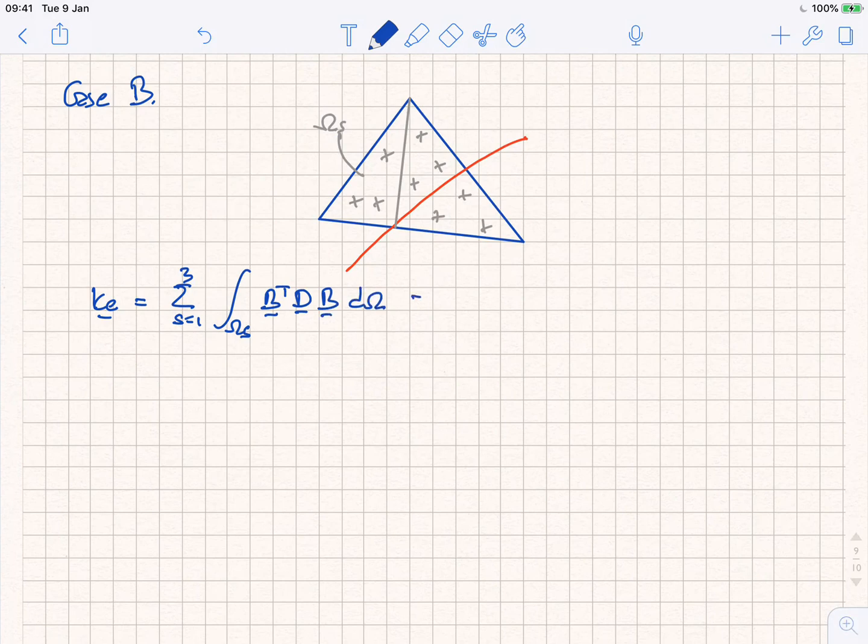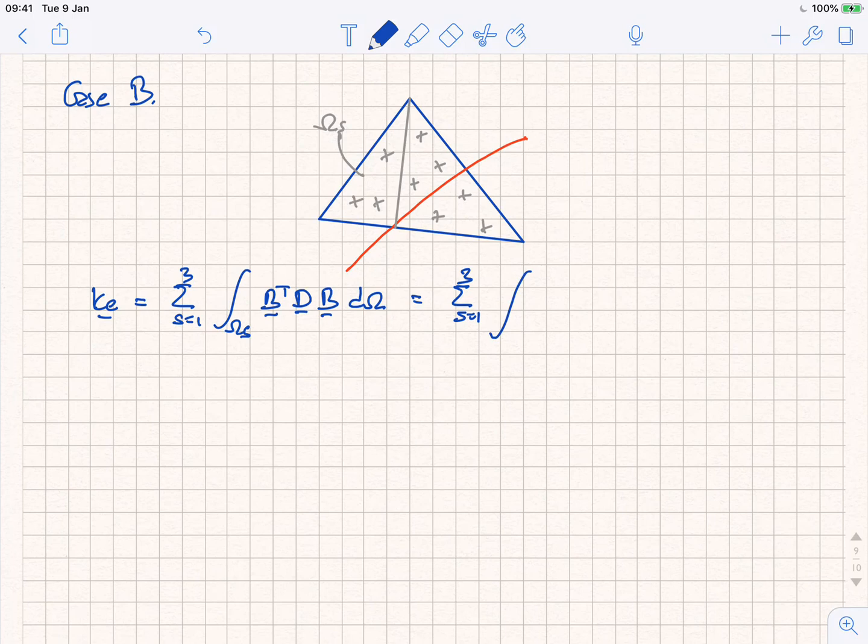Yeah, and now I have the sum S equals 1 to 3, and then of course I want to use the same ideas that we have explored using the mapping and so on.